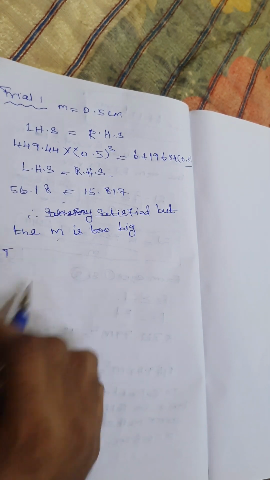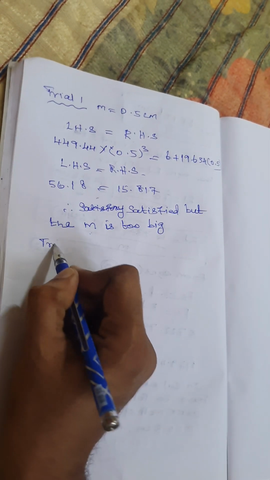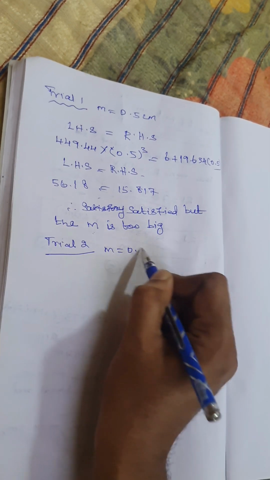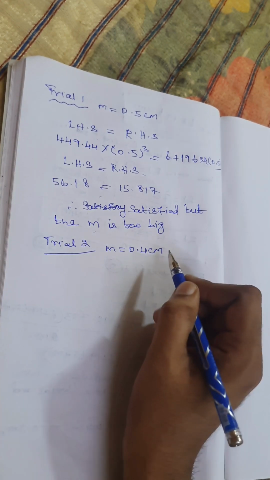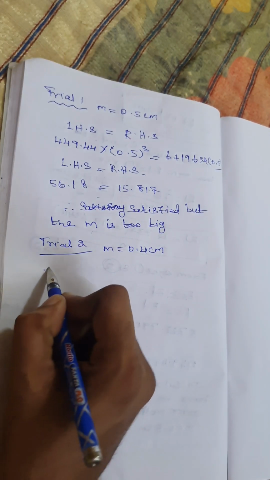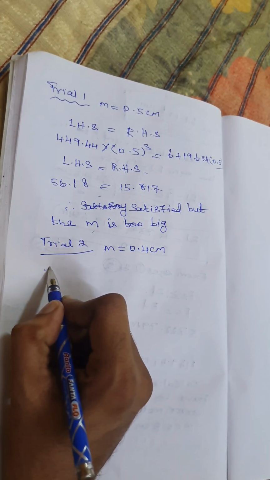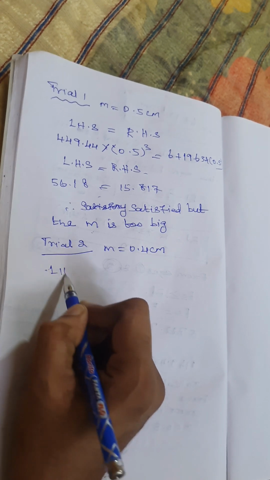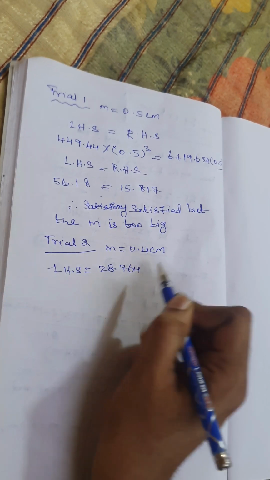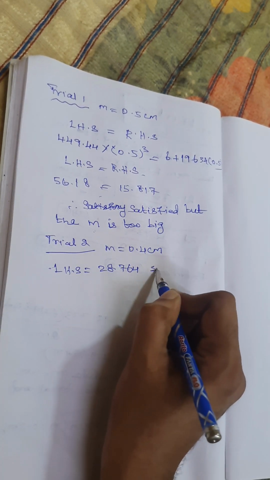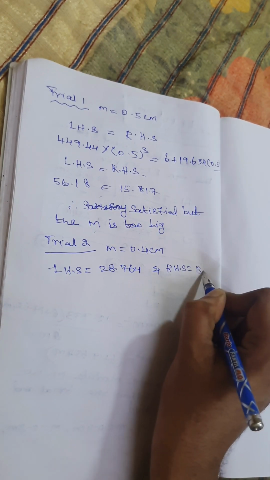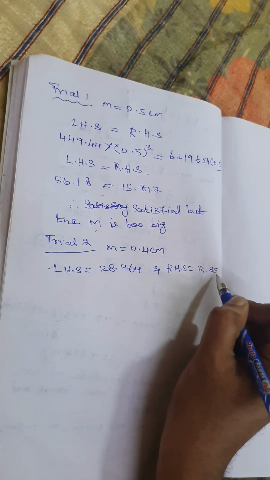So now trial 2. m is equal to 0.4. Same as before, we put this value instead of 0.5, then the LHS value is 28.764 and the RHS value is 13.8536.